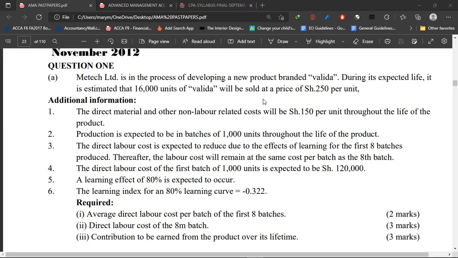A learning effect of 80% is expected to occur. The learning index for an 80% learning curve is... Calculate the required average direct labor cost per batch for the first 8 batches, the direct labor cost for the 8th batch, and the contribution to be earned from the product over its lifetime.